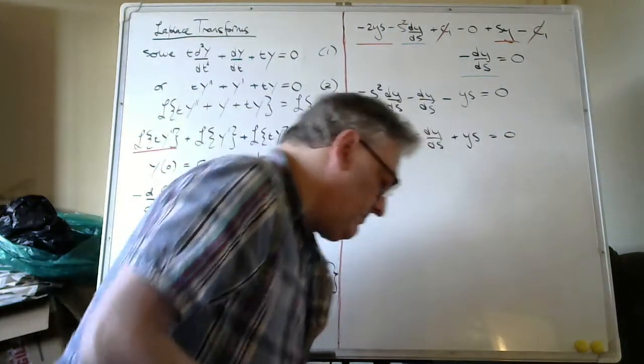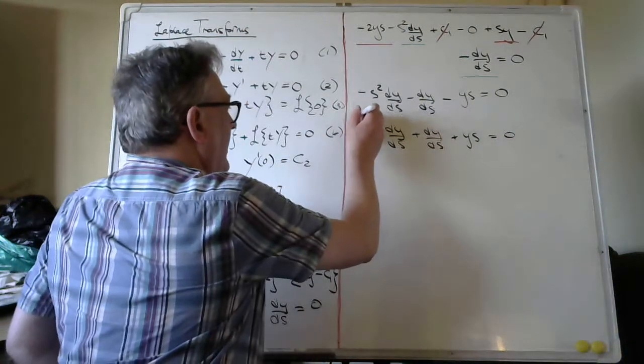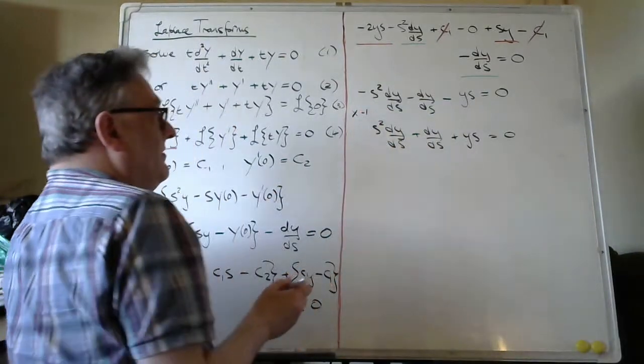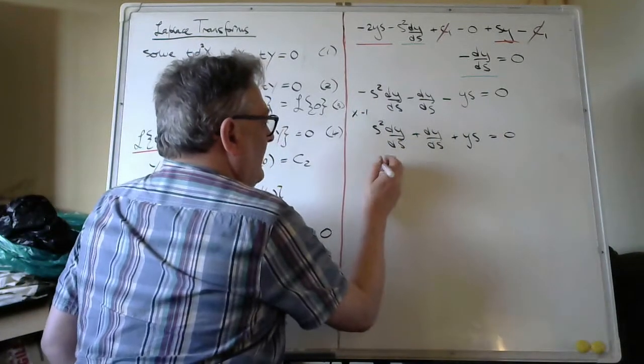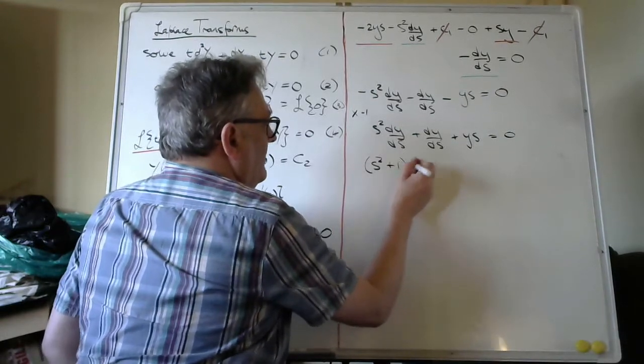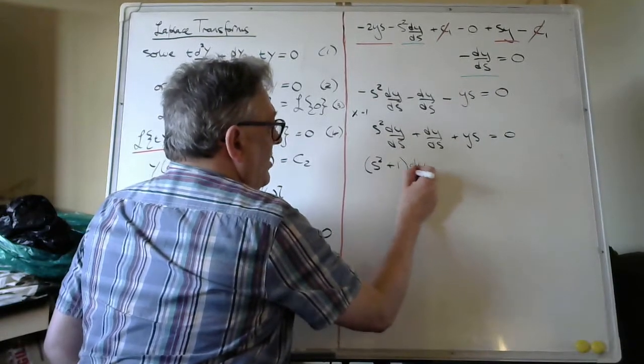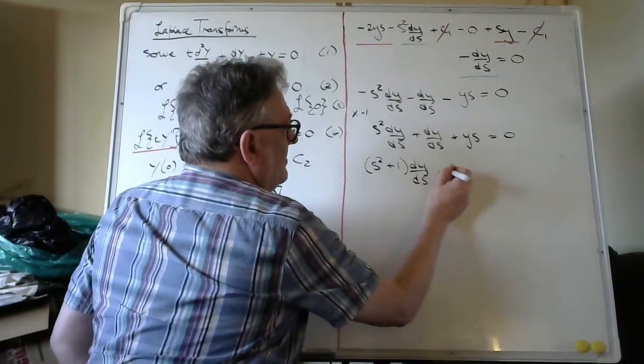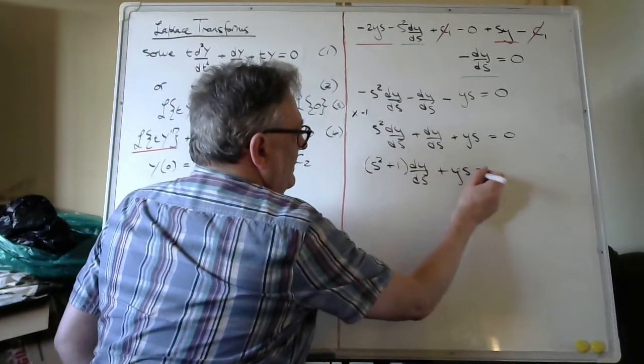Right, so I've multiplied through by minus 1 to get this, and then we've got s squared plus 1 times dy by ds plus ys equals 0.